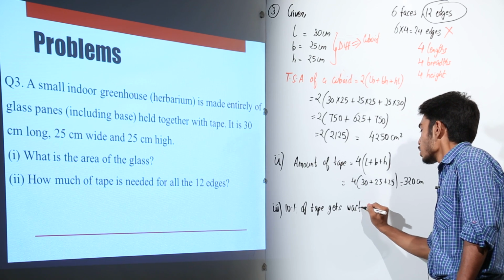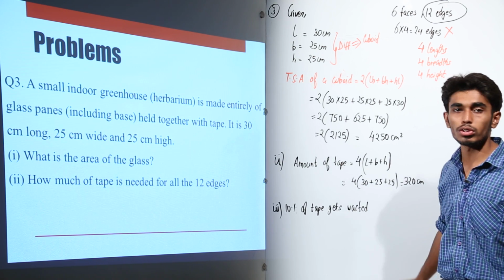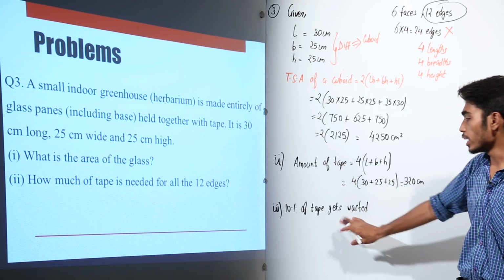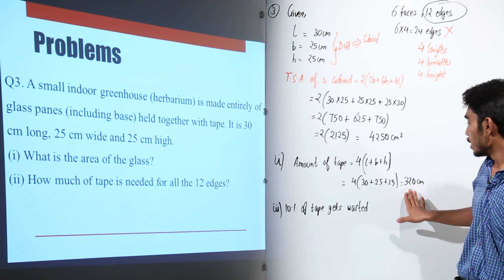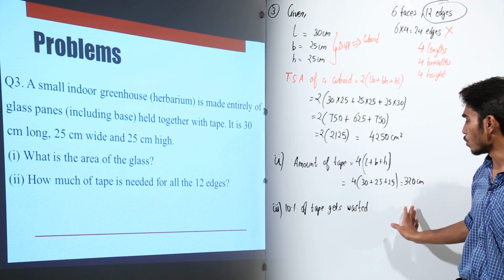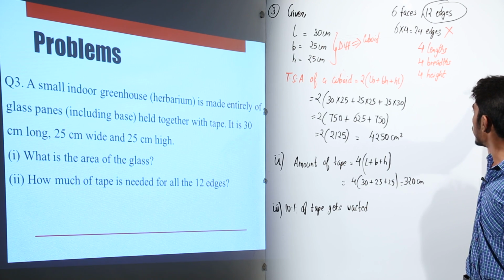If this is the third part, that is 10% of the total tape gets wasted, I can definitely calculate the total amount of tape. That would be this plus 10% of it. So let me do it here for you.